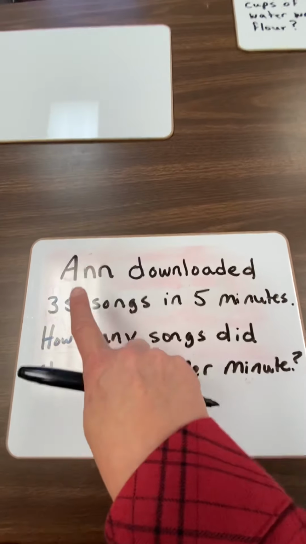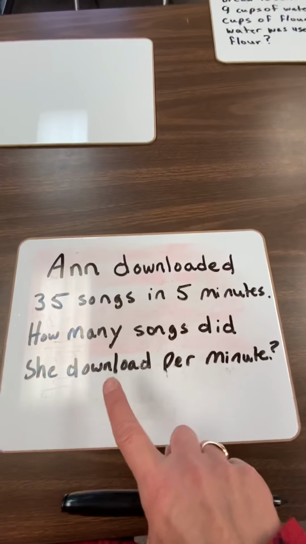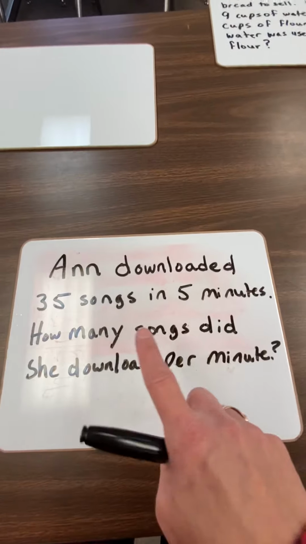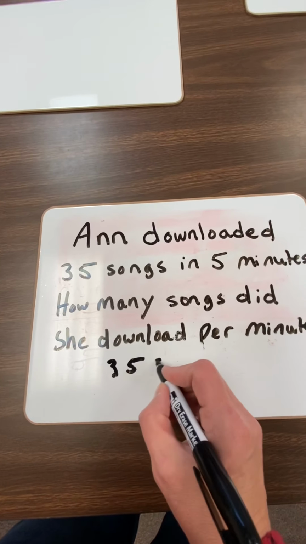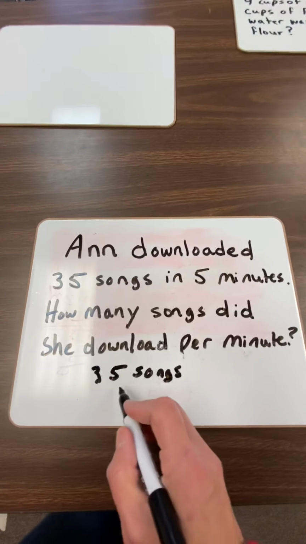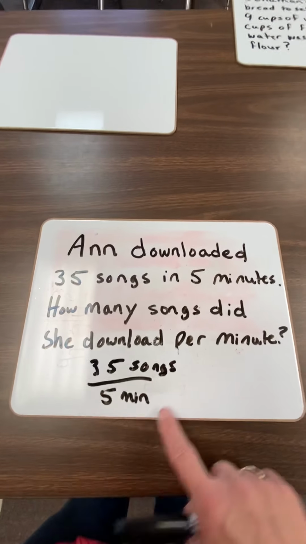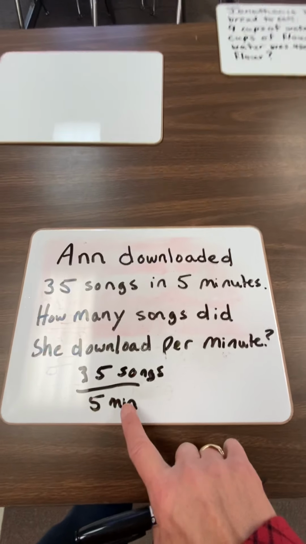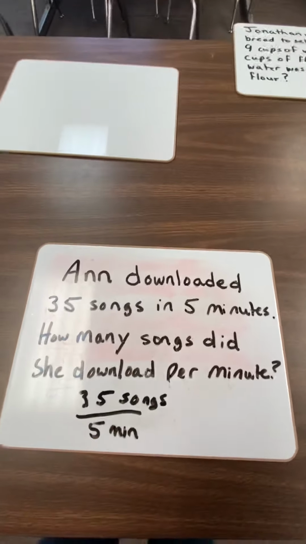Okay, let's look at it. Anne downloaded 35 songs in 5 minutes. How many songs did she download per minute? Well, it's 35 songs per 5 minutes, this is the rate in which she did it, okay? To get the unit rate, it's how many songs per 1 minute.